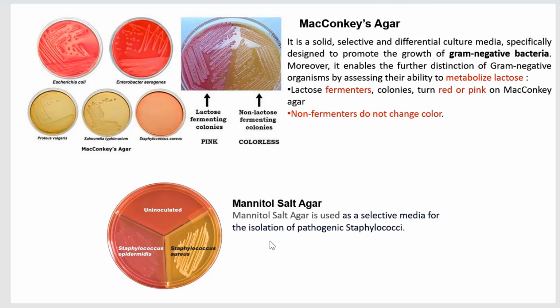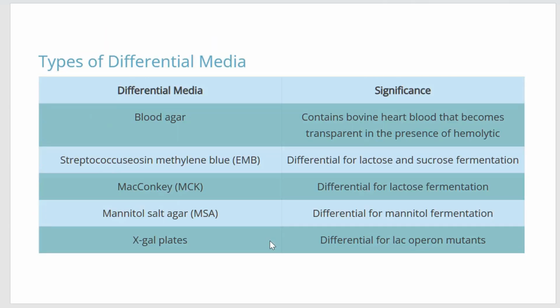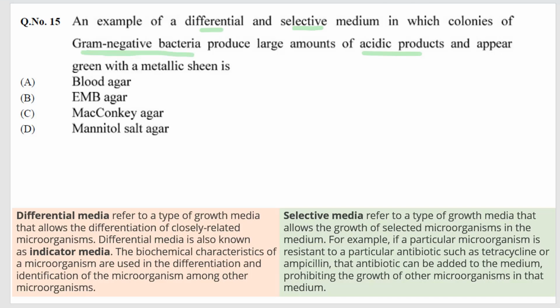So based on all this discussion, we have the medium in which colonies of gram-negative bacteria grow. Gram-negative bacteria grow in EMB and MacConkey, and the one which produces large amounts of acidic product and appears green is EMB. Not MacConkey, because it will turn red or colorless.